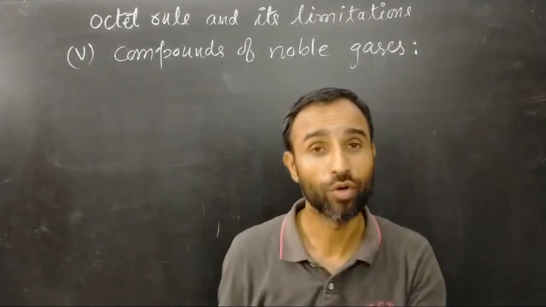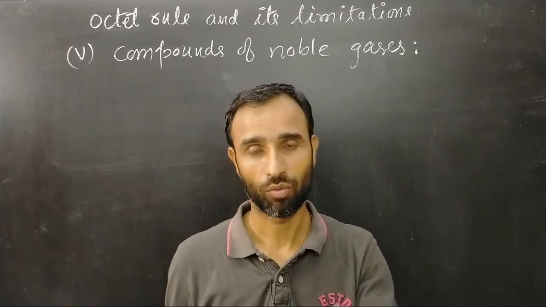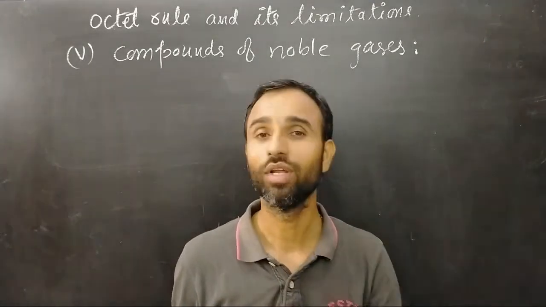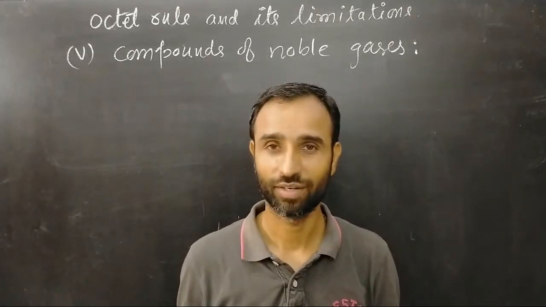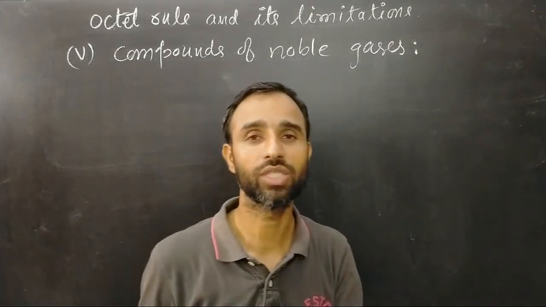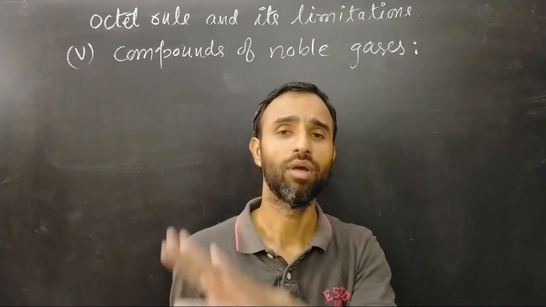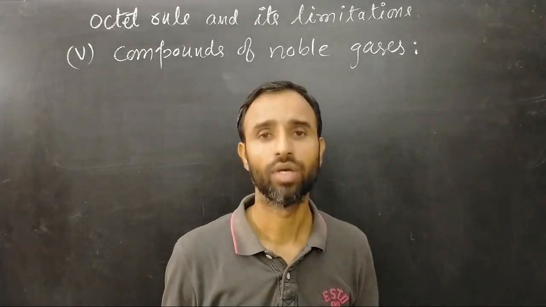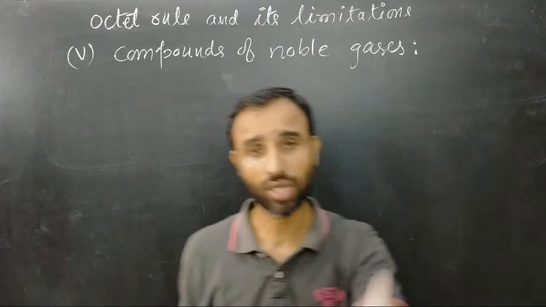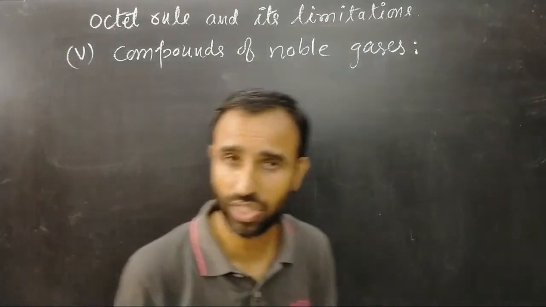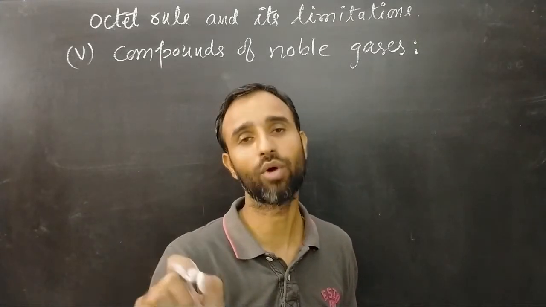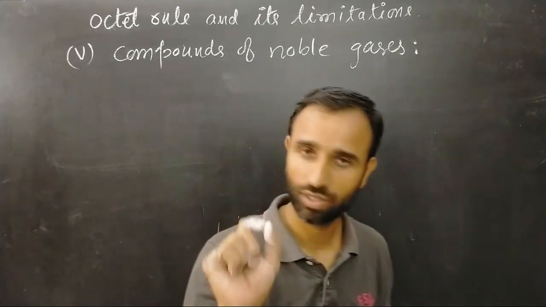So now noble gases also form bonds, which means the octet rule is nowhere. But even then, in spite of all these limitations, the octet rule is followed by most of the molecules. In most of the covalent molecules the octet rule is followed, and we can explain their structure and covalent bonding by using the octet rule.